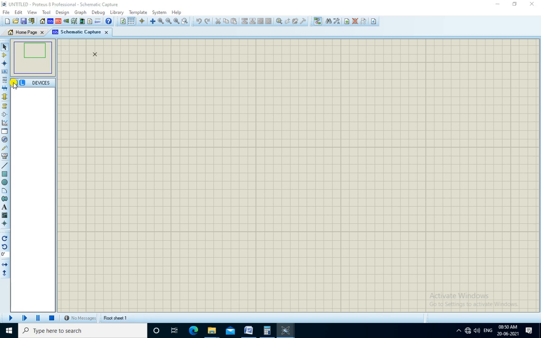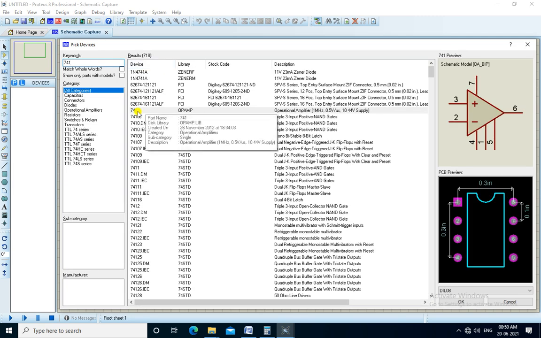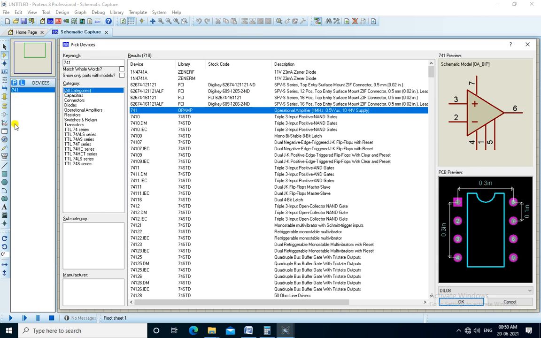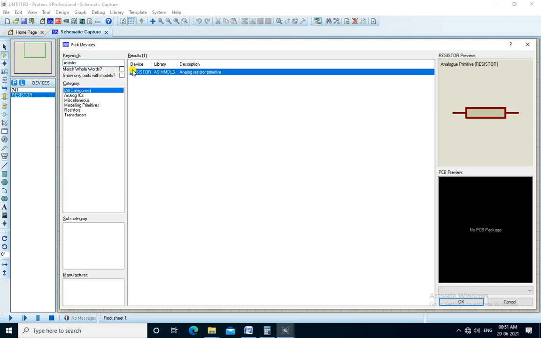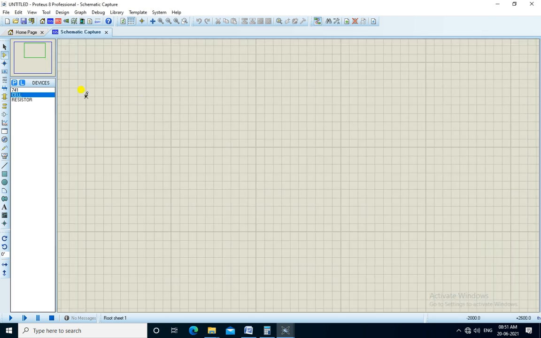We import the components from here and search the component through the keyword IC 741, that is op-amp. It shows in our part list here. We need a resistor and battery to apply the inputs. Okay, now we will place all the components.